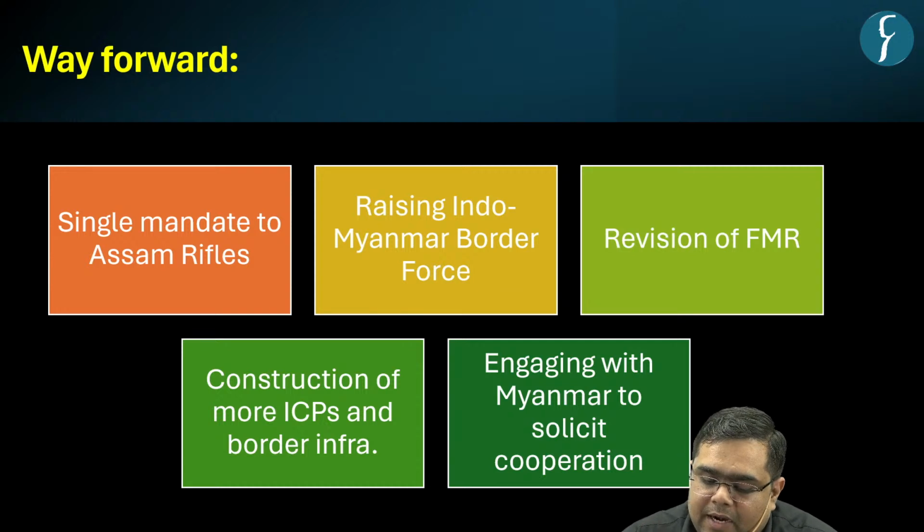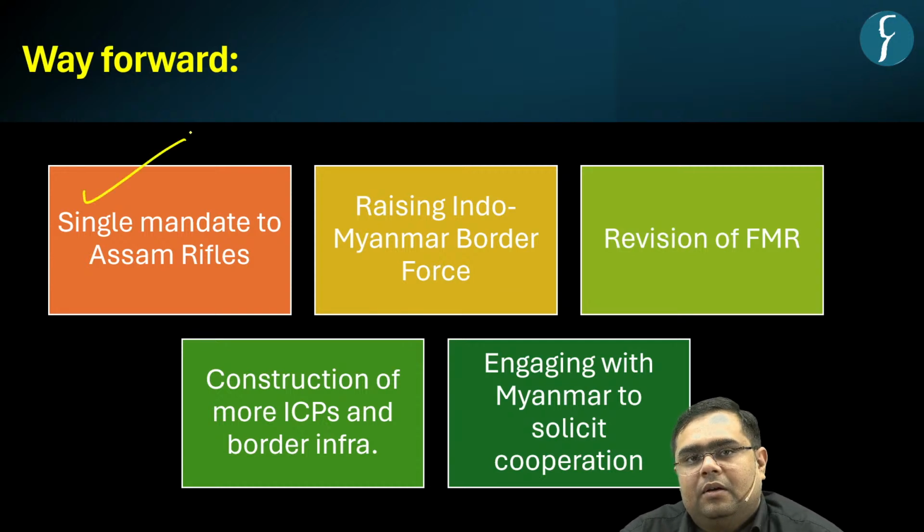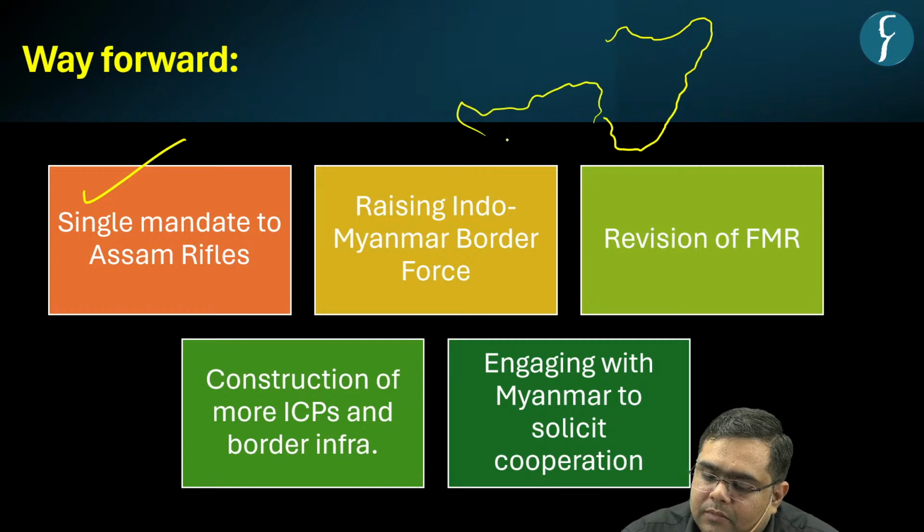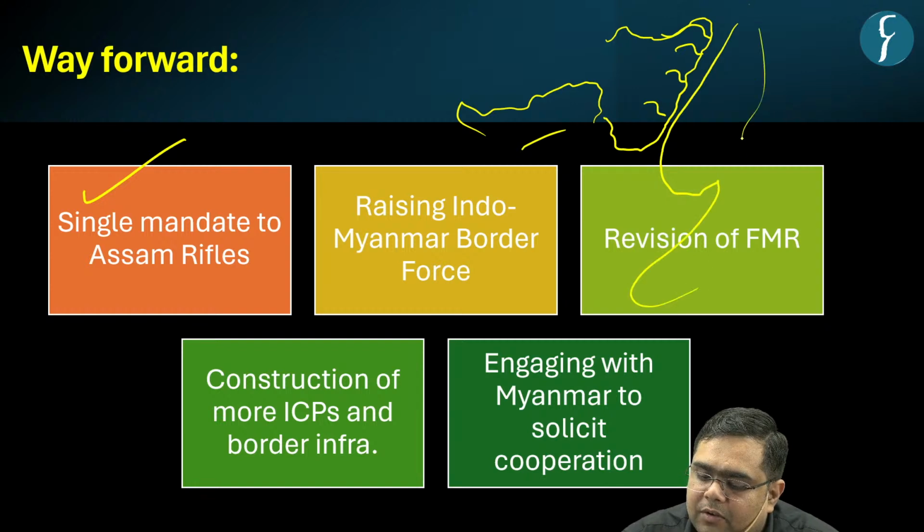The way forward is that first, right now with respect to border management when it comes to Myanmar, the mandate is fractured. The single central agency in this context is Assam Rifles, but various border police also. See, this is the map of Northeast. Right, this is Bangladesh, this is Northeast, this is Arunachal, Nagaland, Manipur, and Mizoram. Right, this is Myanmar, the state of Myanmar.